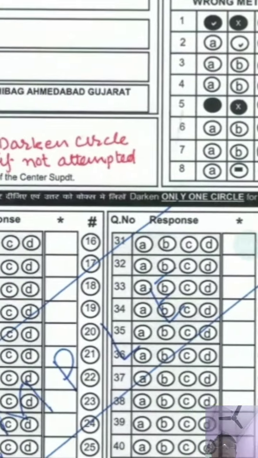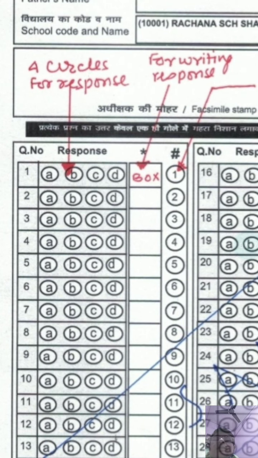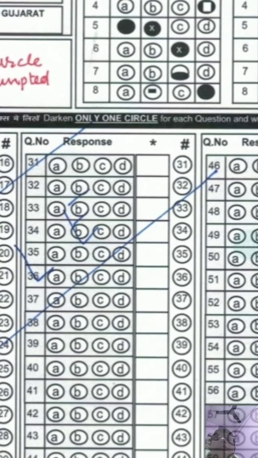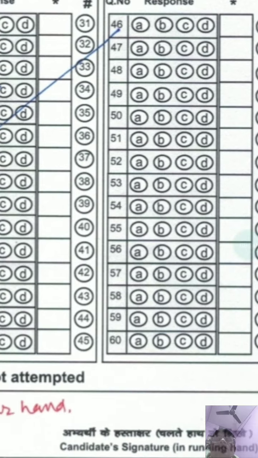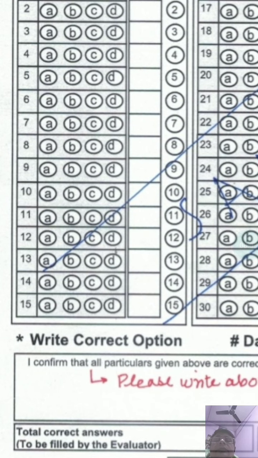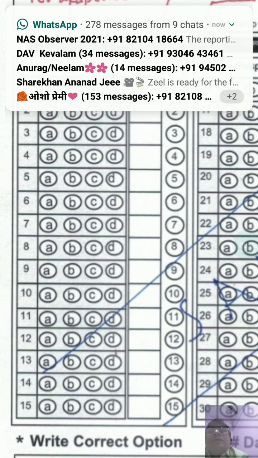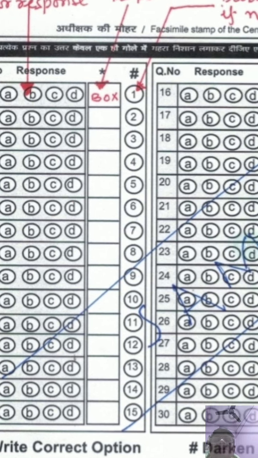It is the instruction. Means here first of all let us see how many questions you have to answer in the OMR sheet. Question number 1, you see 1, 2, 3, 4, 5, 6, 7, 8 and 15.